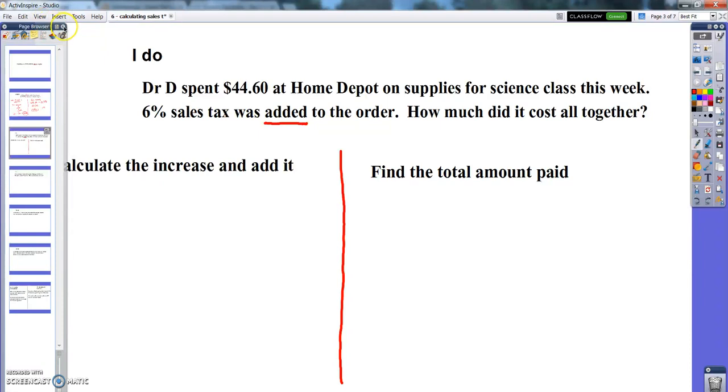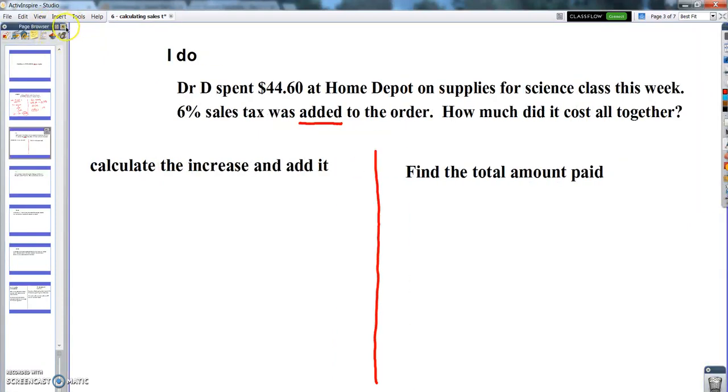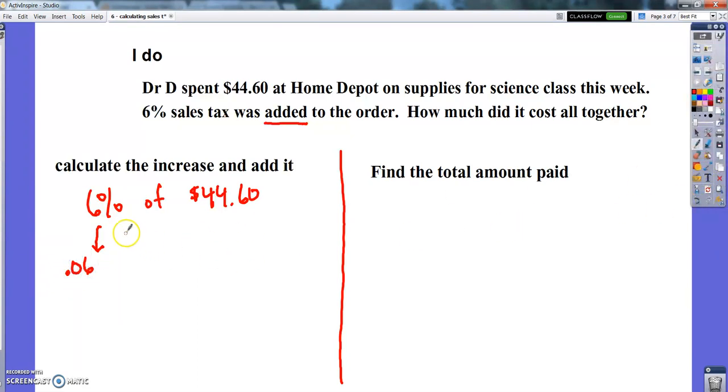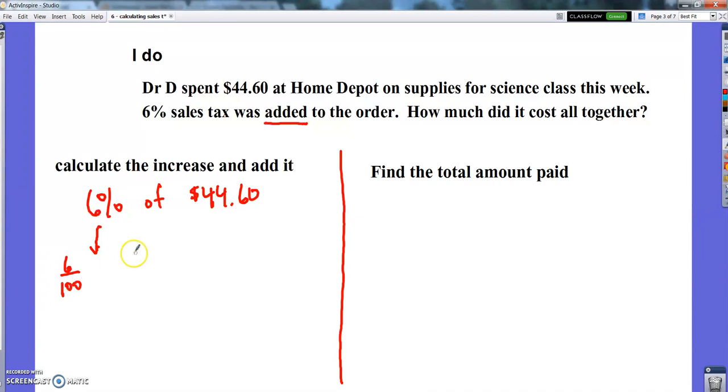So the only thing to remember, 6%. When I'm going to calculate 6% of $44.60, the main thing to remember, big deal, 6% sales tax, that is 6 out of 100, not 6 out of 10.